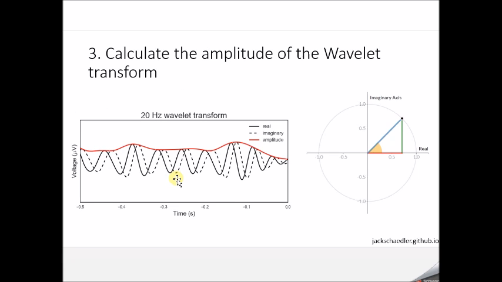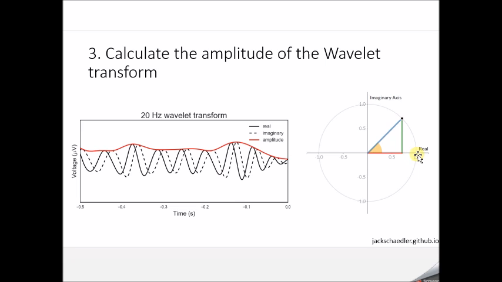So the next step is how do we calculate this amplitude envelope in red from the real and imaginary components of our wavelet transformed signal. To gain intuition for that, we'll look at the real imaginary plane, where each point in time can be represented by a vector in this plane.